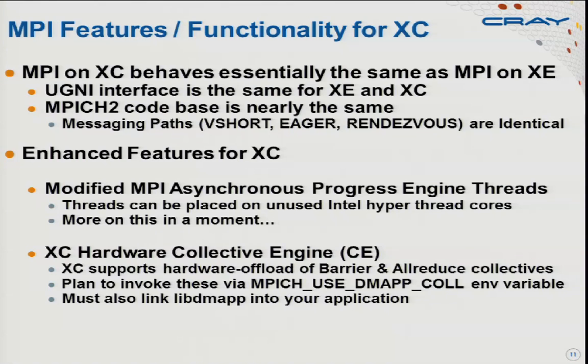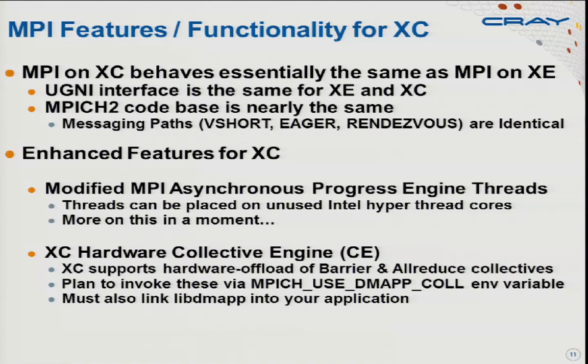In particular, MPI. MPI was, practically speaking, brought over wholesale, and the MPI source was just recompiled for the Intel. Then we started trying to do enhancements. But the bulk of MPI was just moved over. So in many ways, it behaves essentially the same as MPI on the XE.